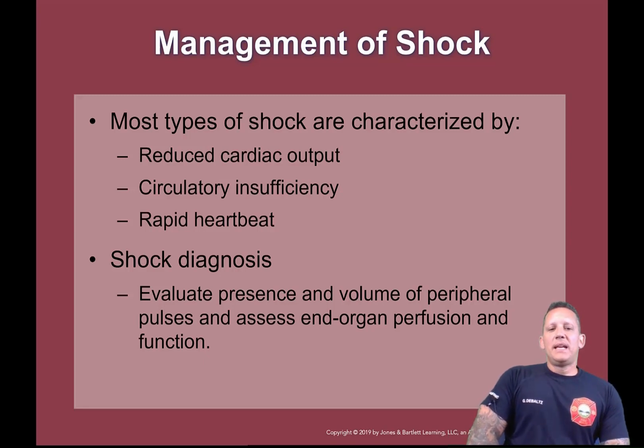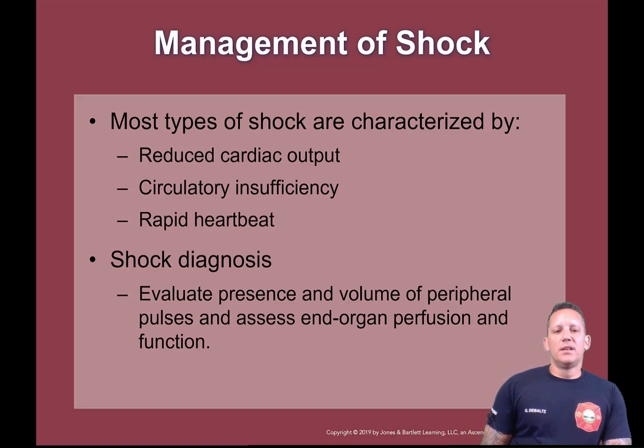If we do not maintain that blood pressure as a very minimum, we end up going into organ failure, and that can be acute or chronic, but even an acute organ failure can be a life threat if we do not remedy the situation.